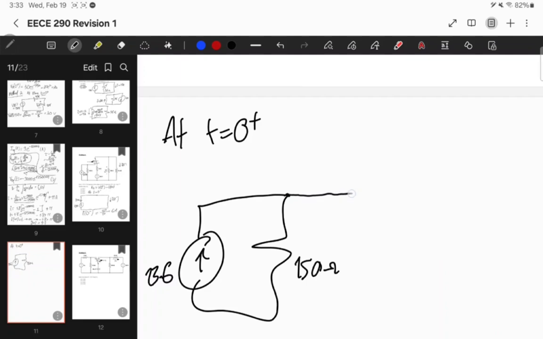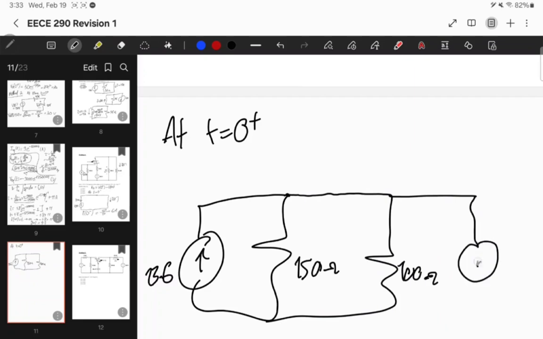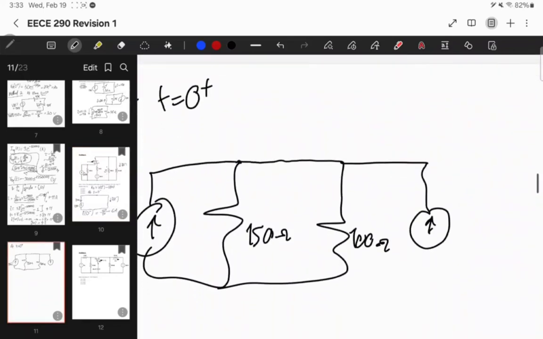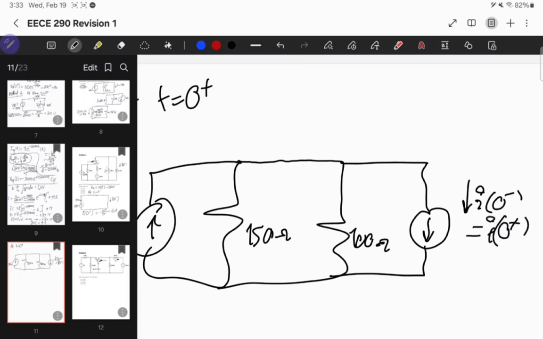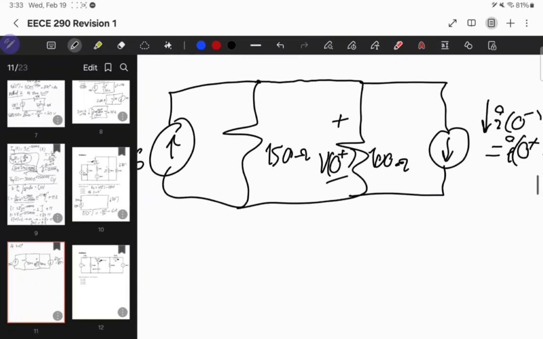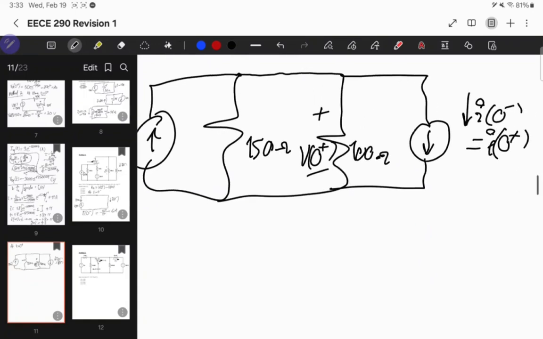This is 100 ohm, and the inductor will become a current source, in the direction as we calculated it. So this is I at 0 minus, which is equal to I at 0 plus because it's continuous. What I need now is to find the voltage across the 100 ohm resistor, which is V0 plus.